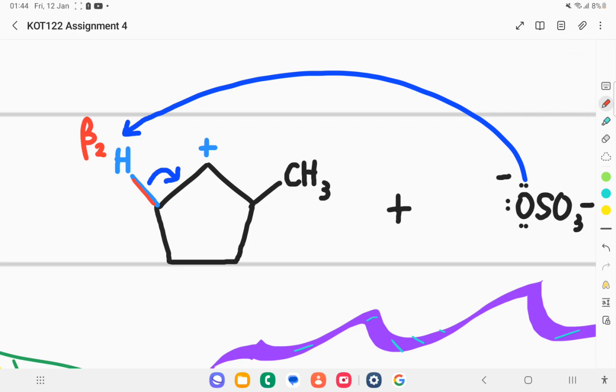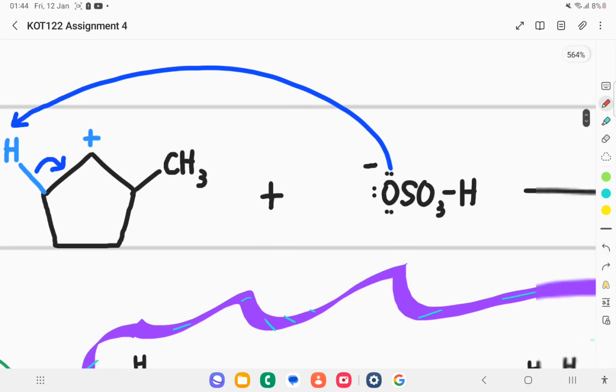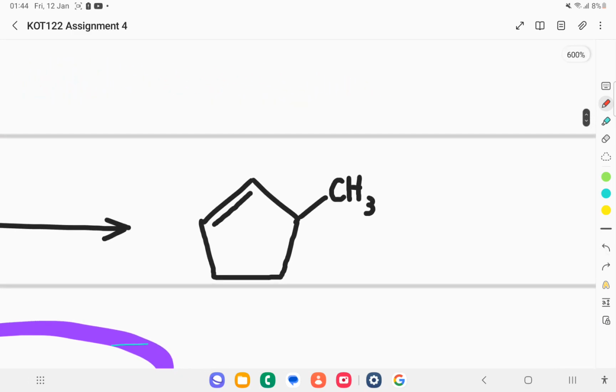The heterolysis of the carbon-hydrogen bond occurs, forming a new pi bond here. Basically the same thing, and because of this, the double bond forms here.